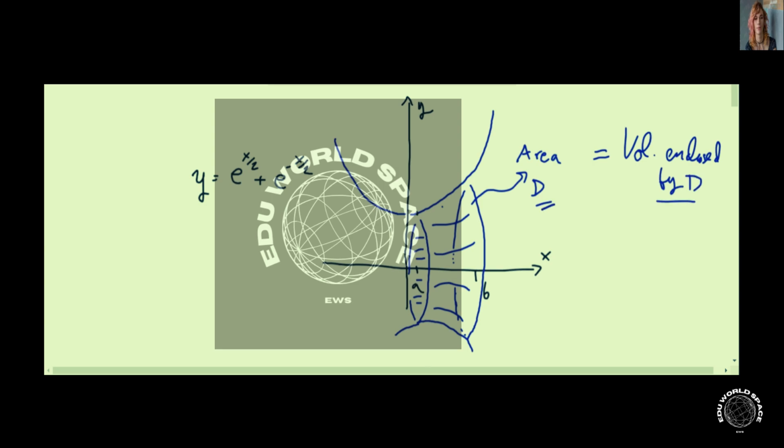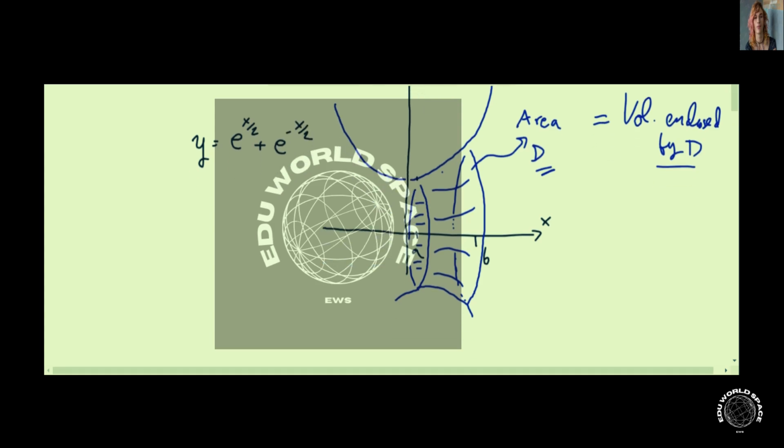So the way to compute this area is the following. So you have this, we can call this f of x.